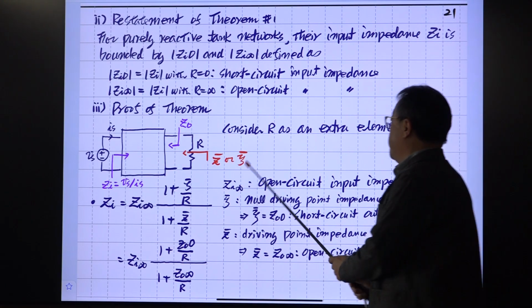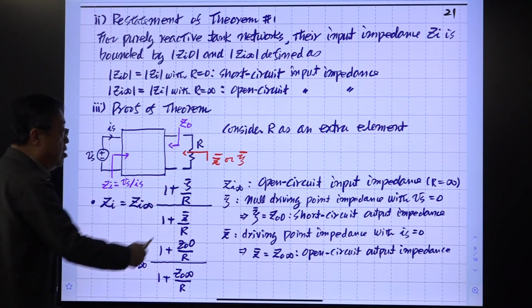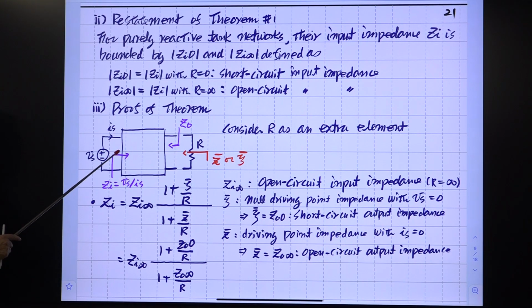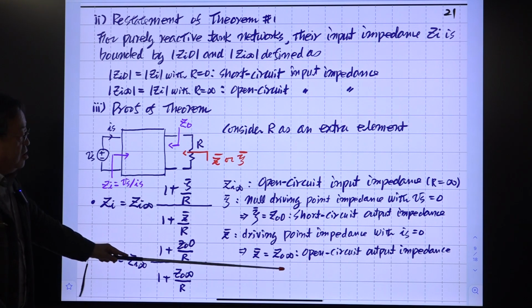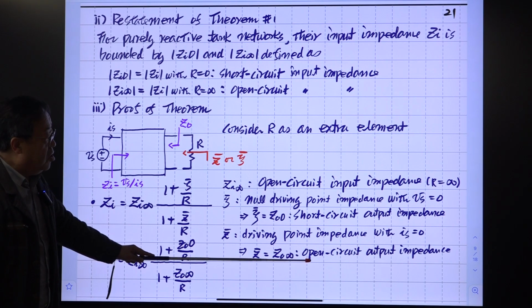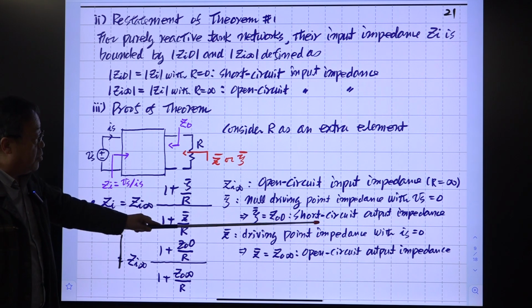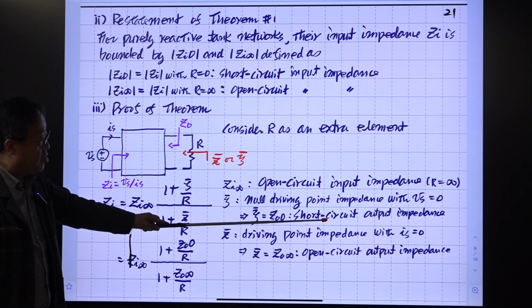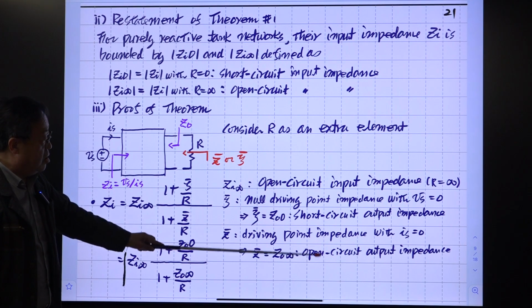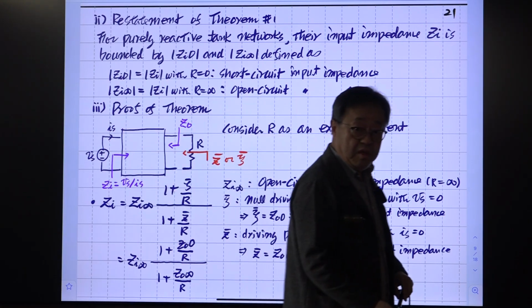Another one, G bar, is the driving point impedance seen through this port when the input is 0, so Is is 0, which means the input is open. This is the output impedance of this converter evaluated with the input port open. So this is the short circuit output impedance, or short circuit driving point impedance, and this is the open circuit driving point impedance, or open circuit output impedance.